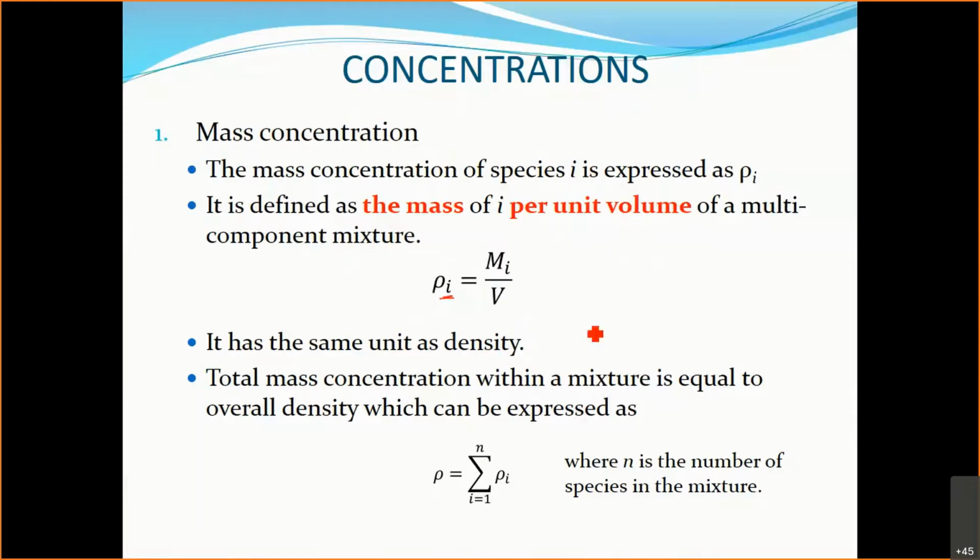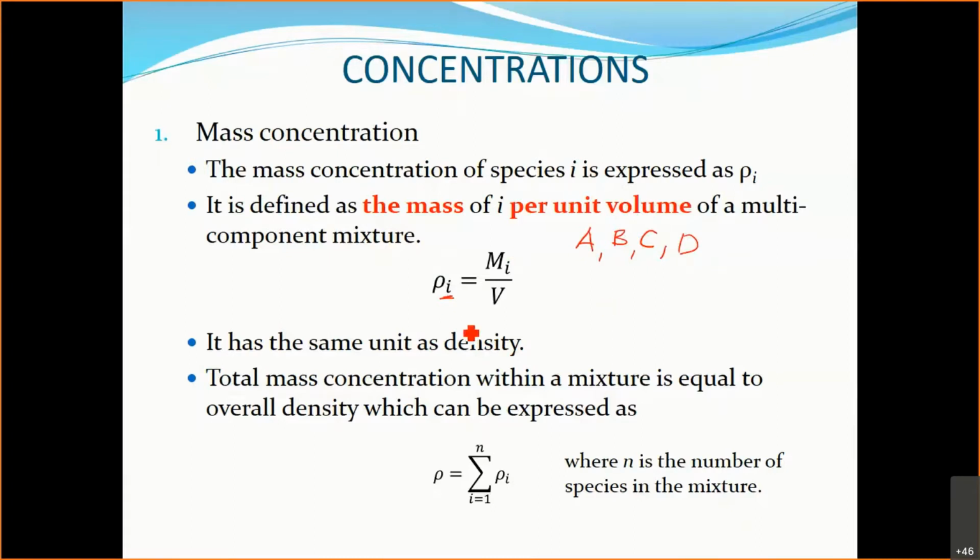So for example here, let's say our system has component A, component B, component C, and component D. Meaning that here we have 4 components.